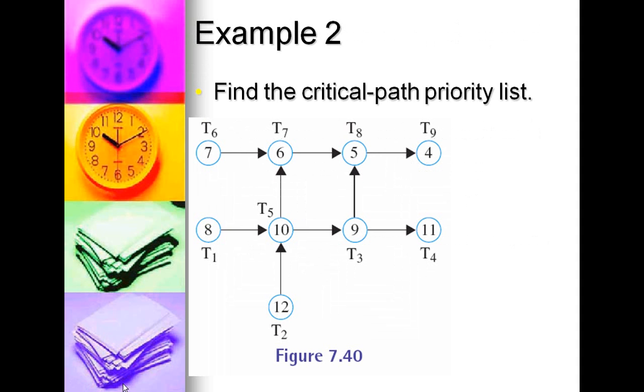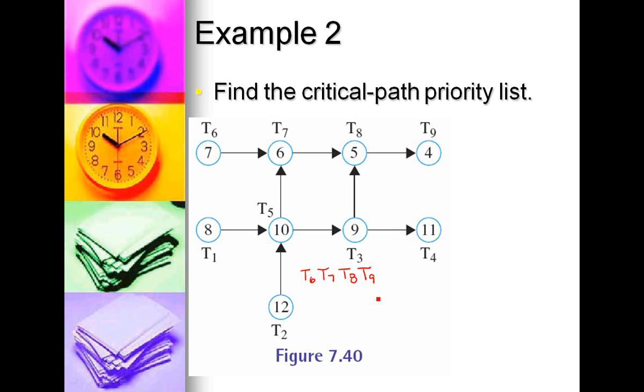So to create a critical path priority list, we're going to list all of the maximal paths. So T6, T7, T8, T9.